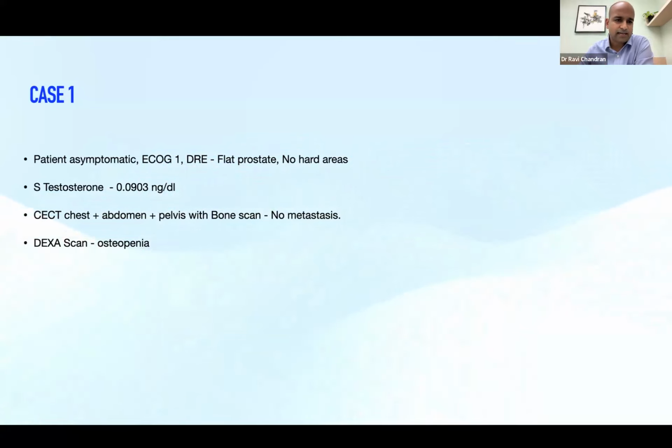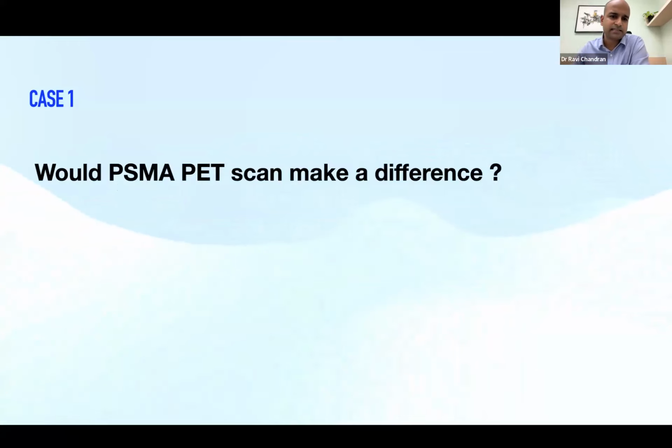Now in our clinical practice, we are using PSMA PET CT more liberally. Would a PSMA PET CT scan have really made a difference for this patient? Dr. Preet, can you take this question? Yes, sir.